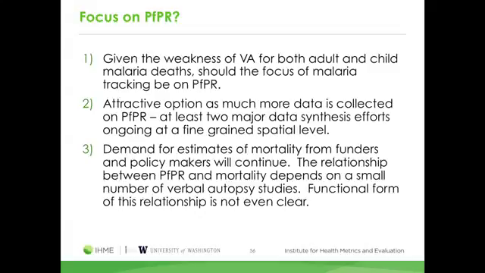Nevertheless, I think there will be a demand from funders and policymakers for estimates of impact. So even if the focus of malaria control, at least not eradication, is on tracking PFPR over time, we still will have to come up with some plausible way to go from PFPR and change into death numbers.